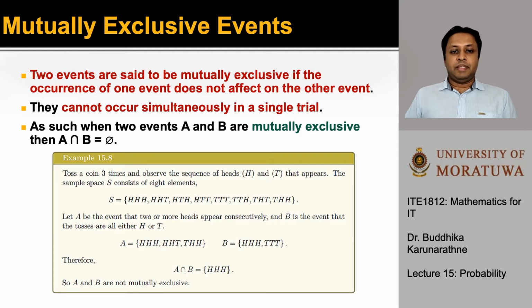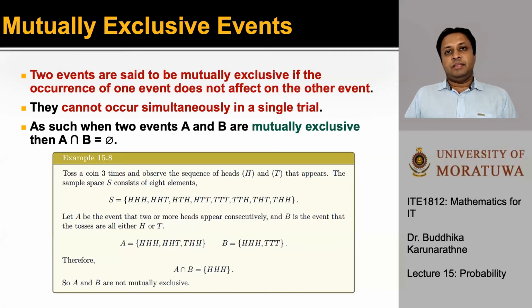For example, toss a coin 3 times and observe the sequence of heads and tails that appears. The sample space S consists of 8 elements: 3 heads, head, head, tail, head, and so on. Let A be the event that 2 or more heads appear consecutively, and B be the event that the tosses are all either heads or tails. So A includes 3 heads, head, head, tail, and tail, head, head. 2 heads appear consecutively in those instances.